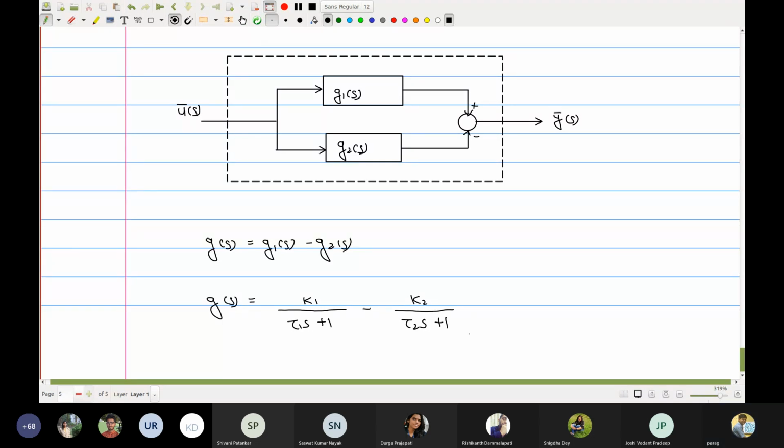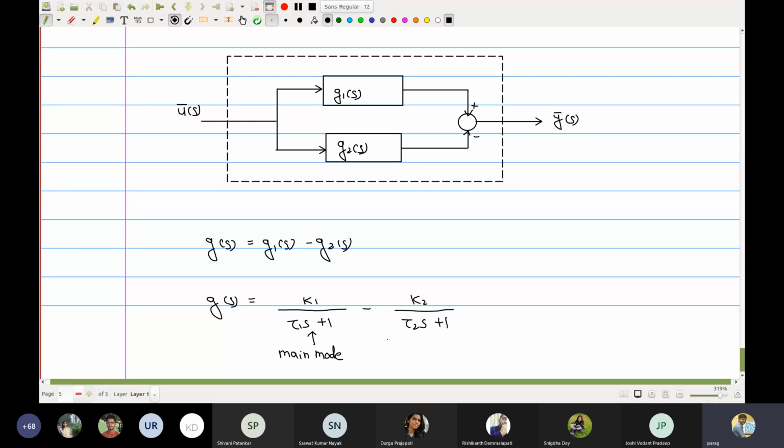Now this mode, which has the additive effect, is called the main mode, because this is what is governing the dynamics of the system, and it is helping the system maintain the dynamics, or carry on.